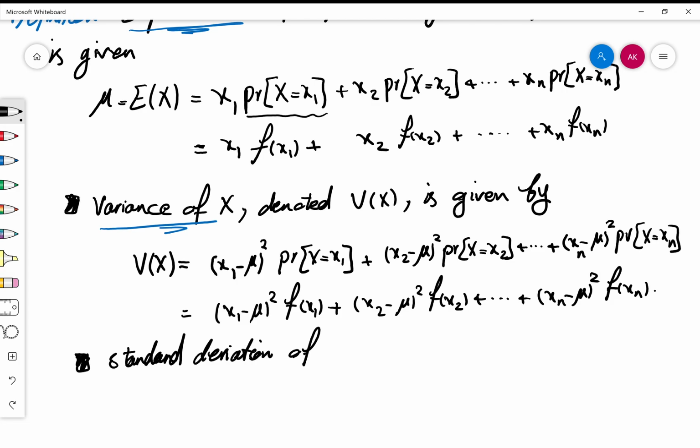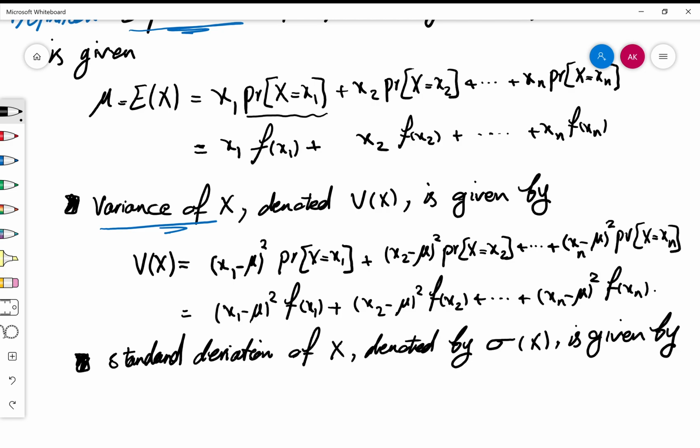Well, that's again another number of X we denote by sigma of X. You see there are squares here, and we want to get rid of those squares, so we define sigma.